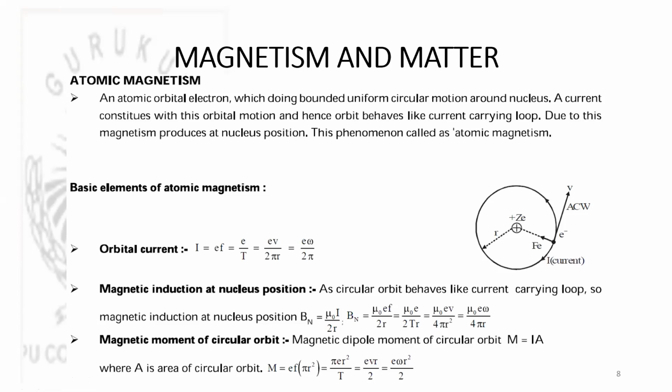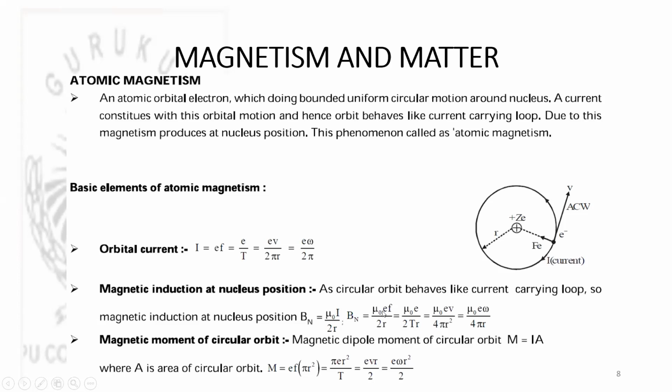And now in this case, the magnetic induction at the position of the nucleus is nothing but the magnetic field at the center of a circular loop. Here, as the circular orbit behaves like a current carrying loop, the magnetic induction at the nucleus position is Bn is equal to mu naught I by 2r. Now using these different formulae for current, we can express this magnetic field at the nucleus in 4 different ways.